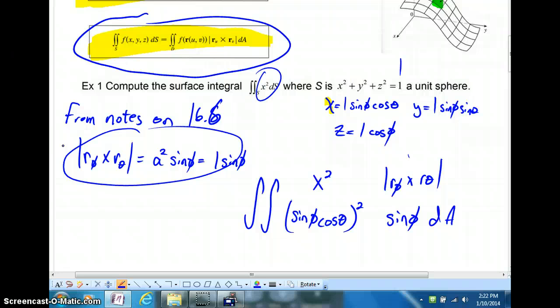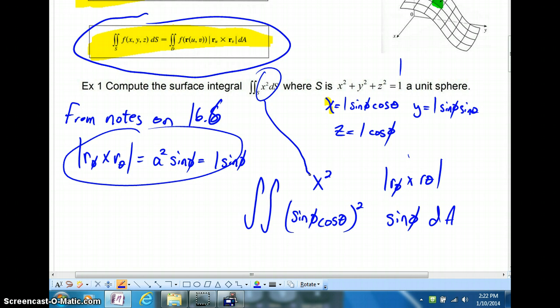But we already saw as a shortcut, the author did this too, that the length of that cross product was just a squared sine of phi. So we could say it's just 1 times the sine of phi. And right now, inside this integral, you can see that we have x squared. X squared, of course, is a very different function from the surface, I should say.